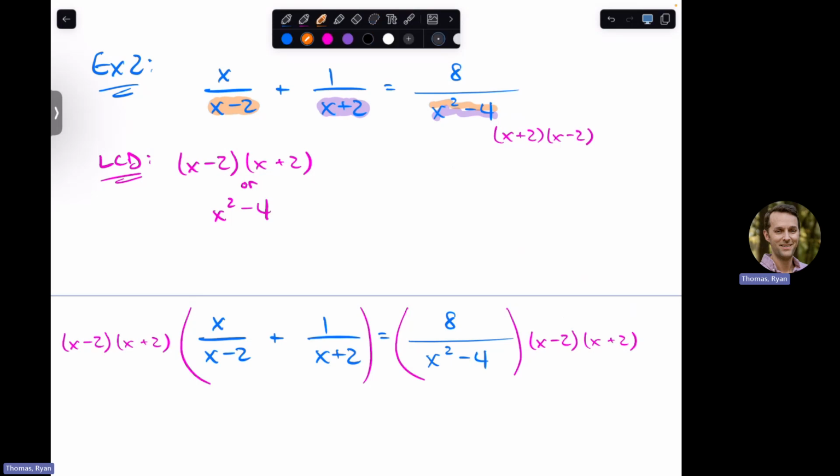Add a note or something. Multiply both sides by the LCD.